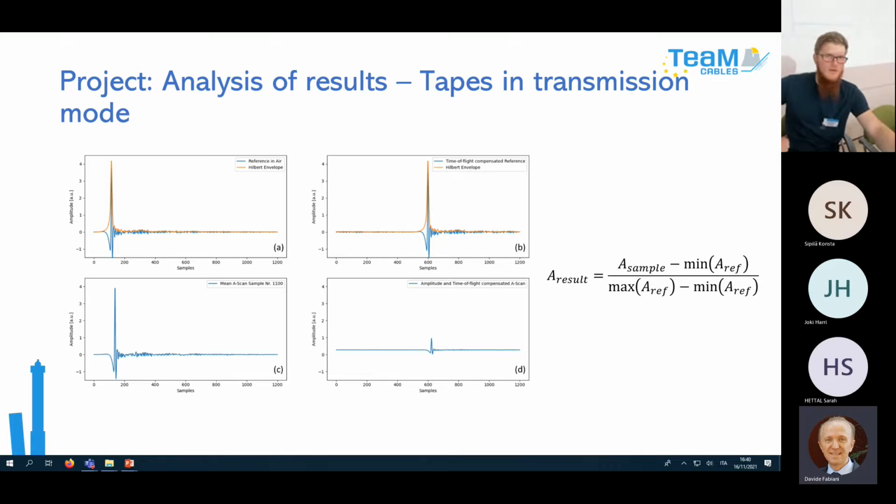compensation, which means you just take this signal and move it to the right. Let's say you move the maximum of the signal to 600 samples, and everything that would be cut off or shifted to the right, you just add on the left side.